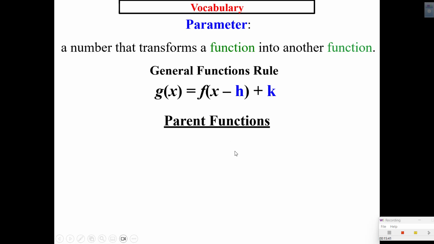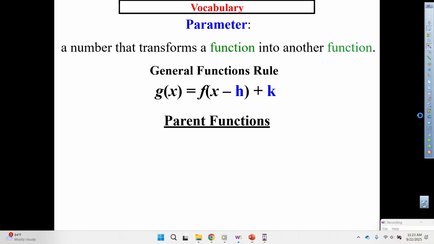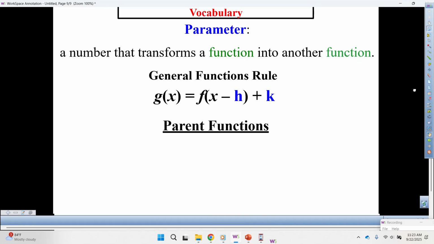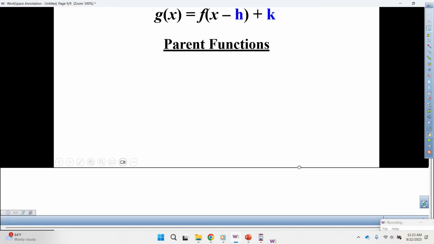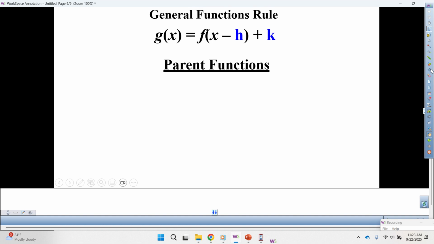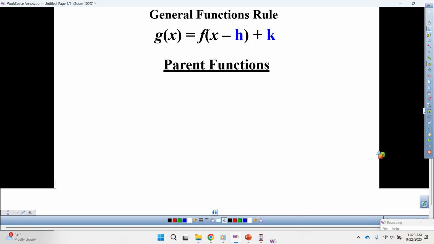Underneath that, I want you to write parent functions, because this is how it's going to get interesting today. So, our form, g of x equals f of x minus h plus k, and as Jaime said, k goes up or down, h side to side.